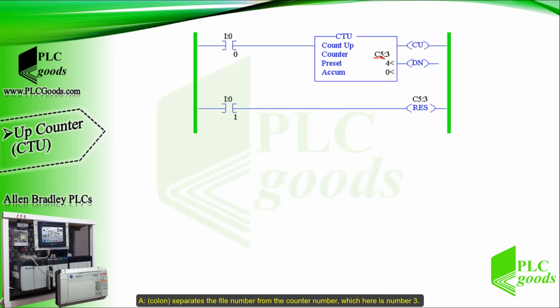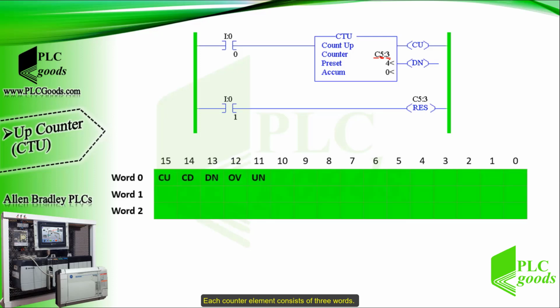A colon separates the file number from the counter number, which here is number 3. We can have up to 256 counters in each file number. Each counter element consists of 3 words.